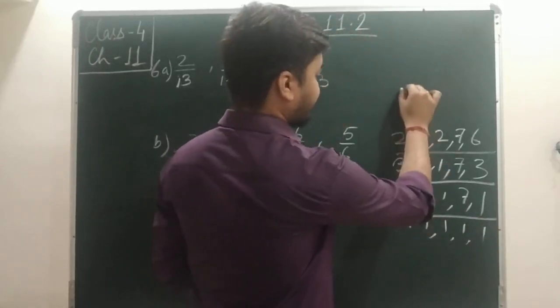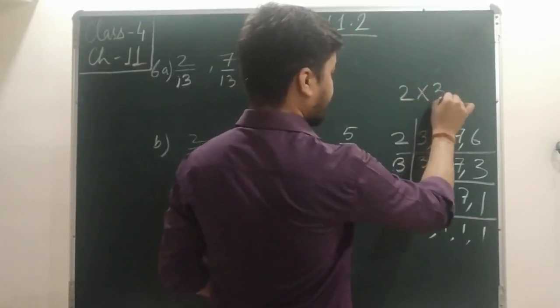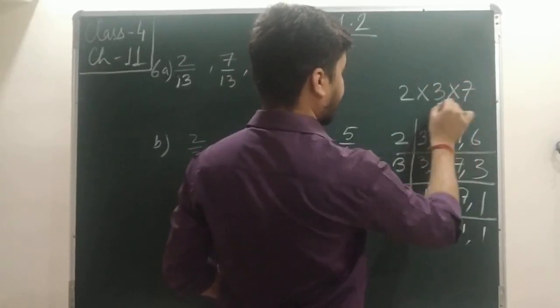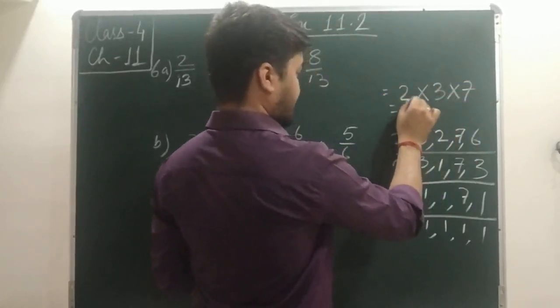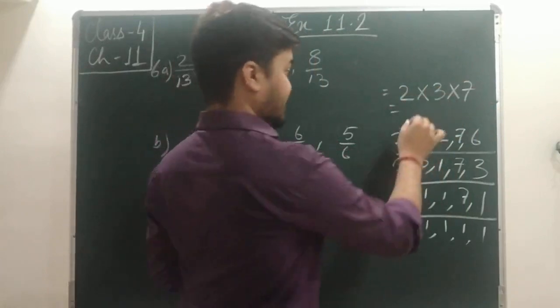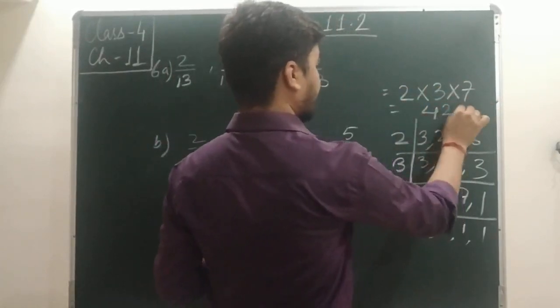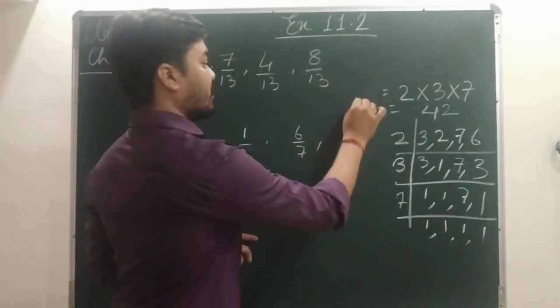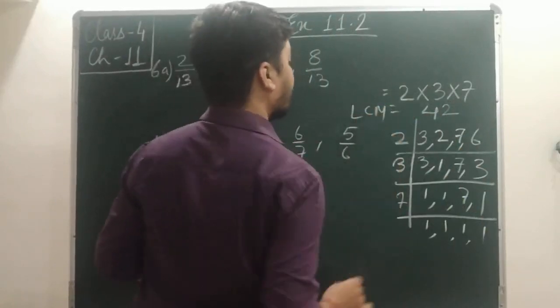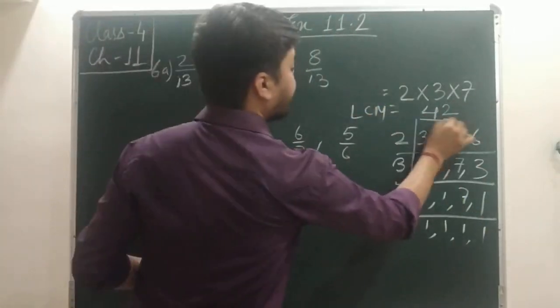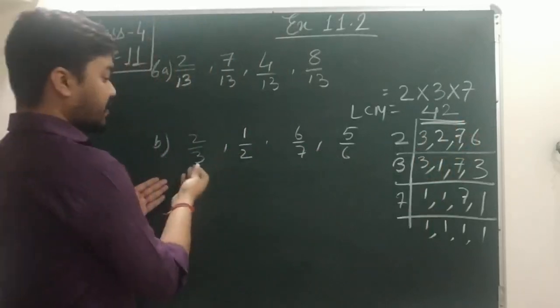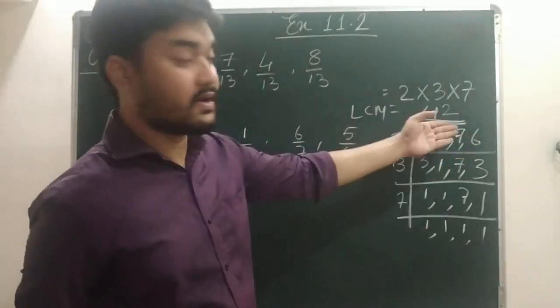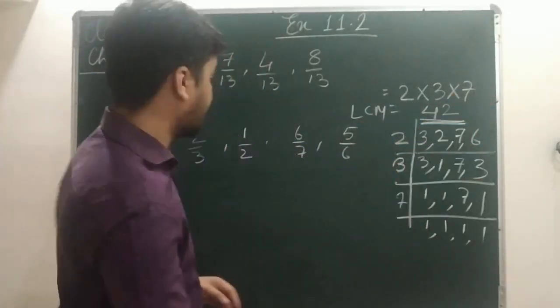So the LCM we will get is 3 into 2 into 7. 2 3s are 6 and 6 7s are 42. So we have to make all the denominators equal to 42.